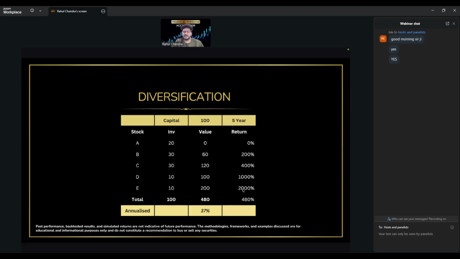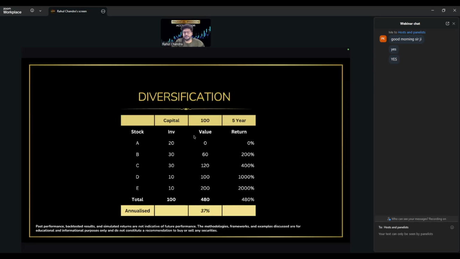And another 10 rupees becomes a true multi-bagger and becomes 200x. So even though 20% of your portfolio is going to zero, that's absolutely fine.